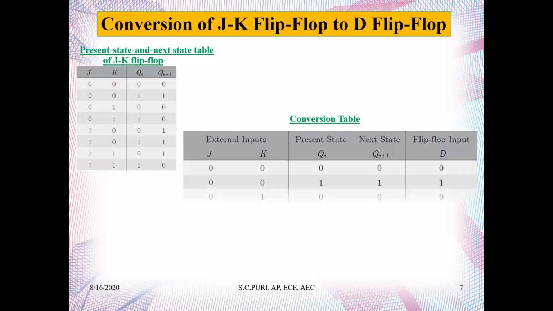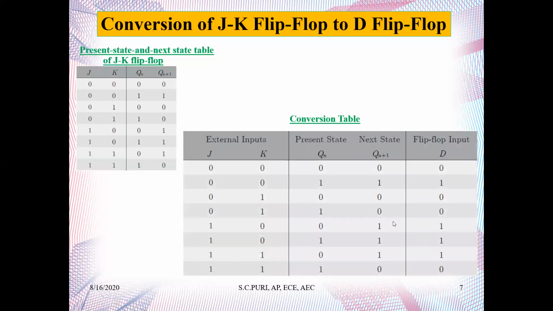Now we will talk about the conversion table. So we have got this one. Now we will see the behavior of D with respect to this present state and next state. So 0 to 0 means no change.